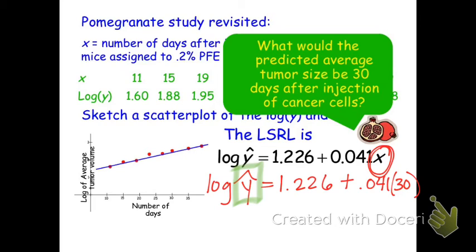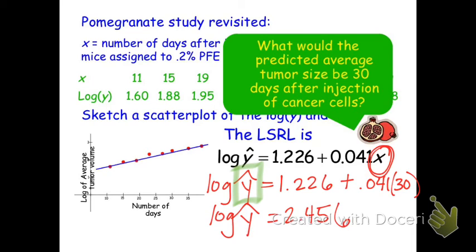So what would my first step be in solving for y hat? Simplify the right side. So go ahead and type in 1.226 plus 0.041 times 30 and tell me what you get. 2.456.